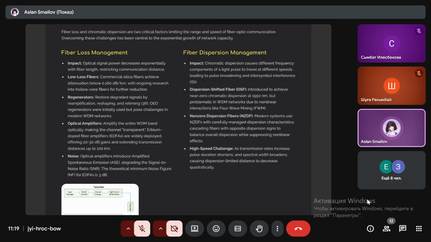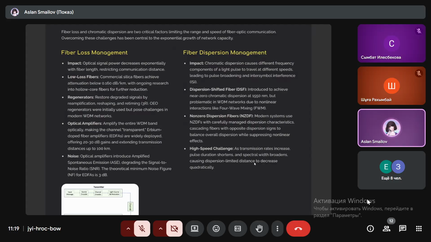Non-zero dispersion fibers, or NZDF, are used in modern systems with carefully managed dispersion. The characteristic is cascading fibers with opposite dispersion signs to balance overall dispersion while suppressing non-linear effects. And as a high-speed challenge, as transmission rates increase, pulse duration shortens and spectral width broadens.